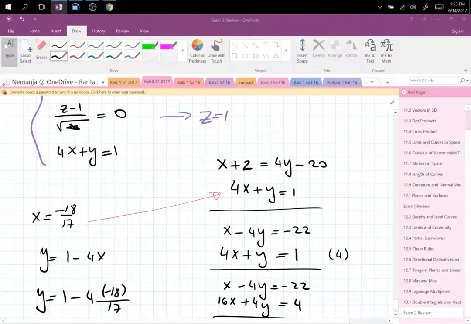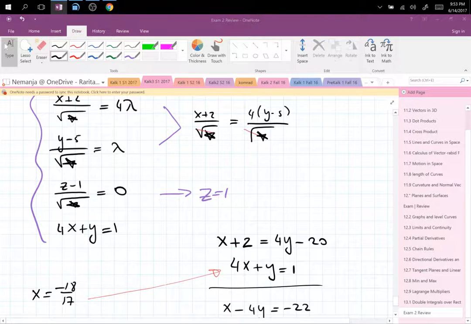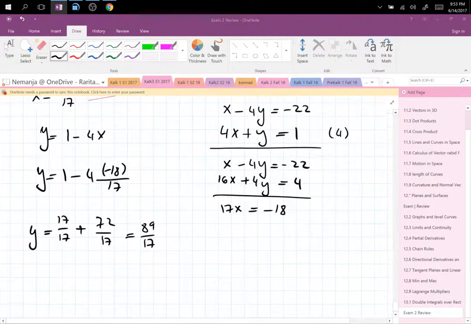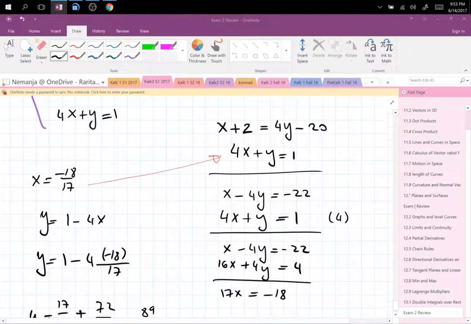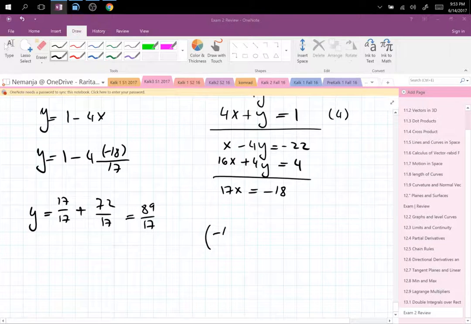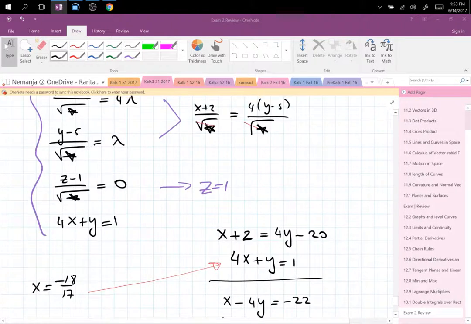So what is the point? The point is negative 18 over 17, 89 over 17, and 1.